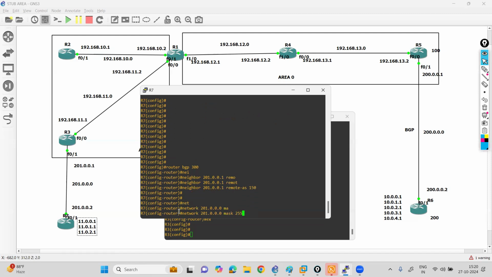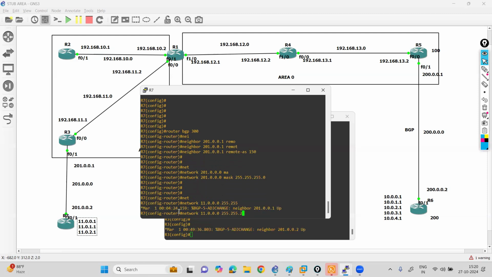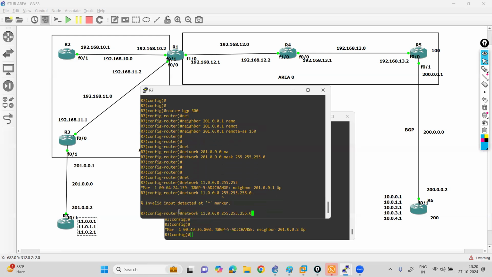Mask will be 255.255.255.0. Okay. Network 11.0.0.0 and 255.255.255.0.